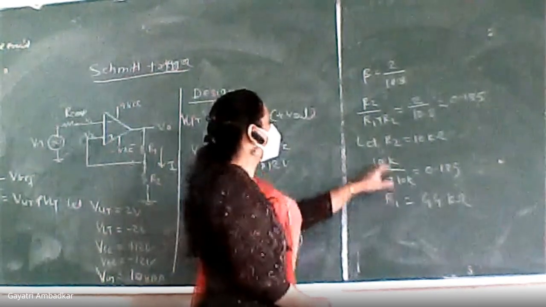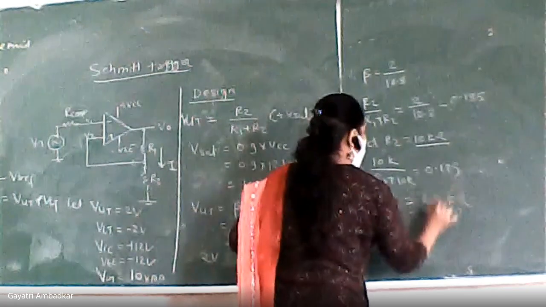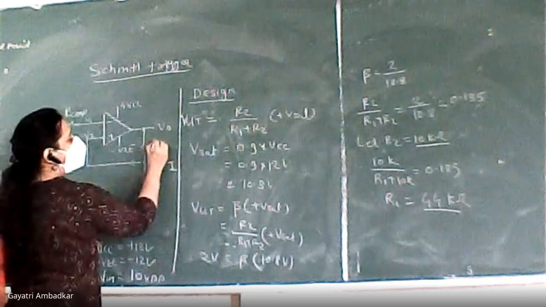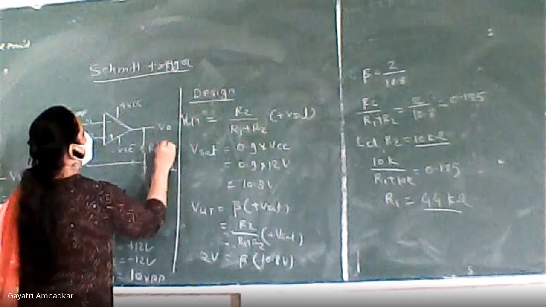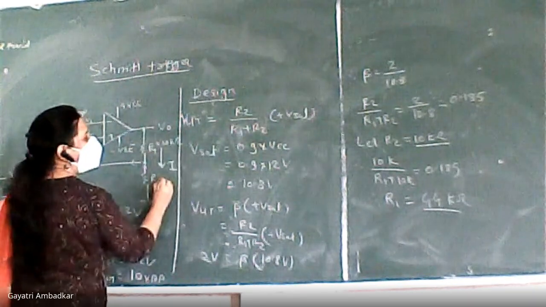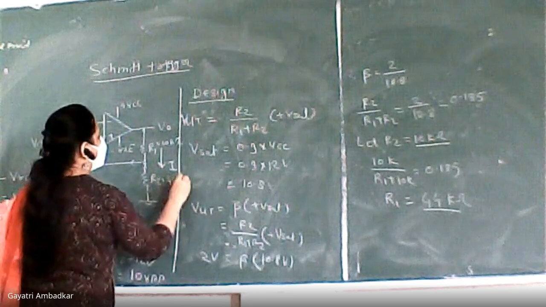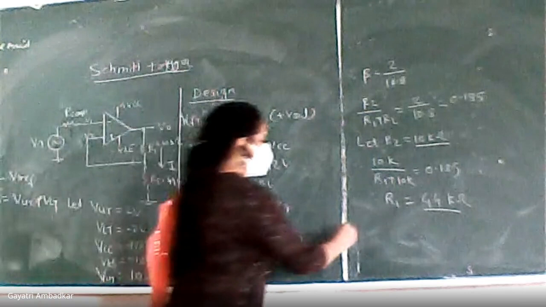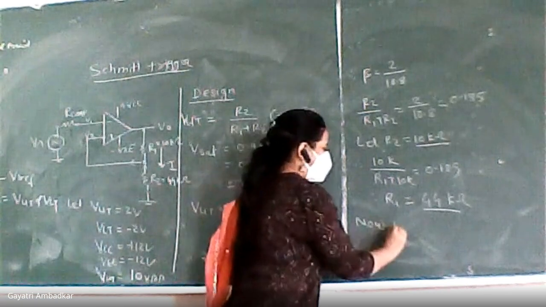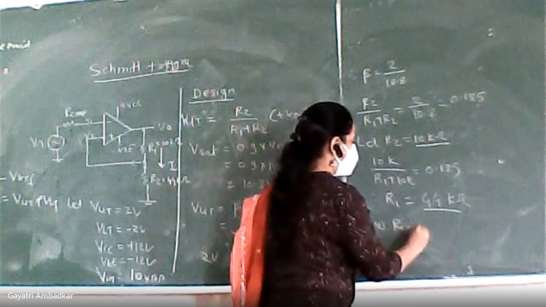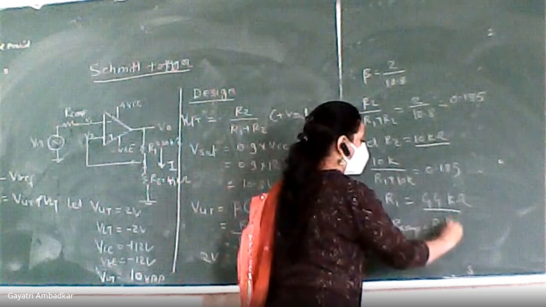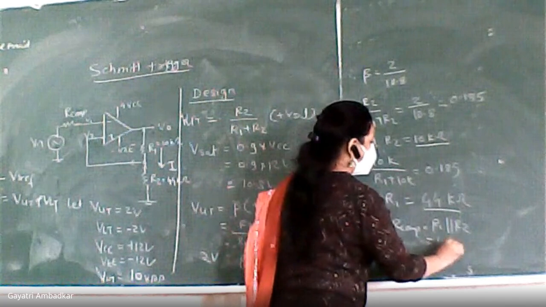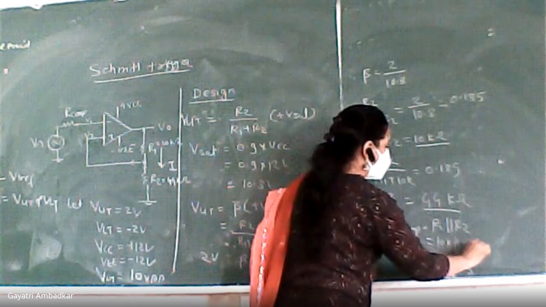So see, the first resistance you have assumed, R2, the second you have calculated. So you can write these values here: R2 equal to 10 kilo ohm and R1 comes to 44 kilo ohm. Okay. Now you have to find RCOM. RCOM is equal to R1 parallel to R2, that is 10k parallel to 44k.